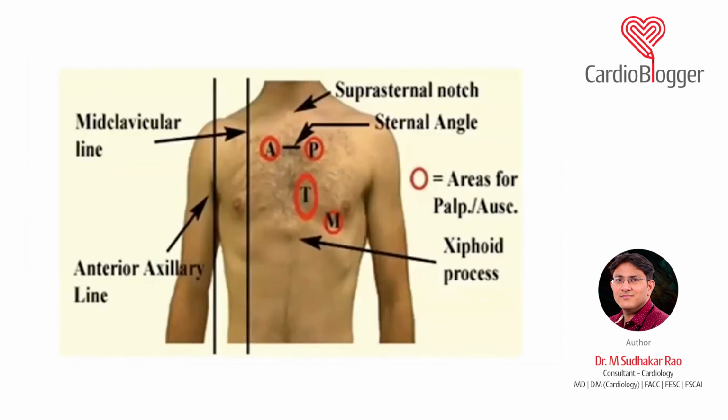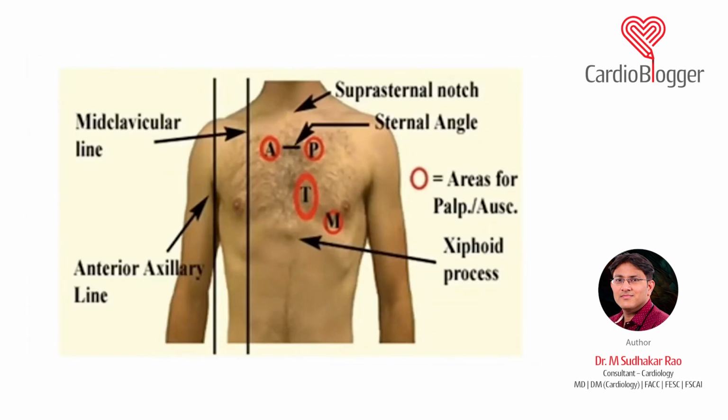You should always look, in inspection and palpation, at the suprasternal notch, sternal angle, and right and left sternal borders. You should always try to palpate in the tricuspid area, where you may feel an RV S3 or S4. In the mitral area, you may feel an LV S3, S4, and other diastolic events like a pericardial knock, a tumor plop, or an opening snap, which may rarely be palpable too.